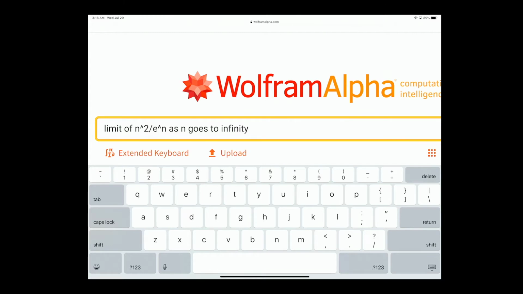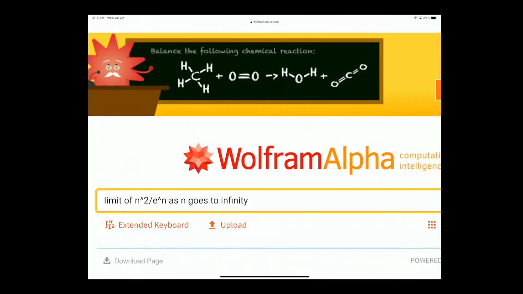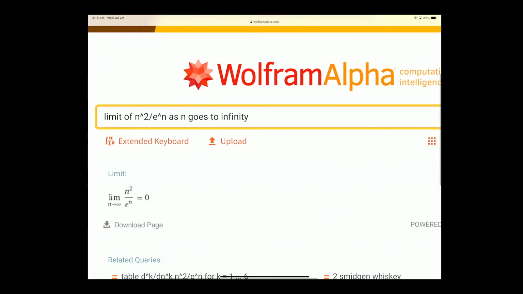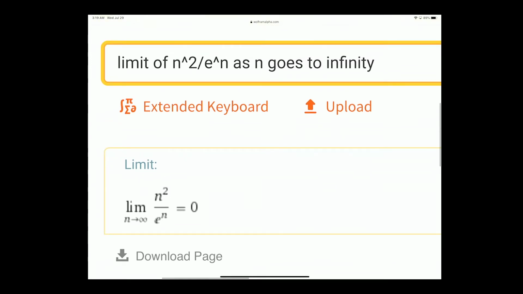Now what should happen? n squared over e to the n. I have an exponential on the bottom. That's going to be the big infinity. So this should be 0, right? Yeah, so it's just 0. But you don't need Wolfram Alpha, because now you know which functions are bigger than which functions, right?